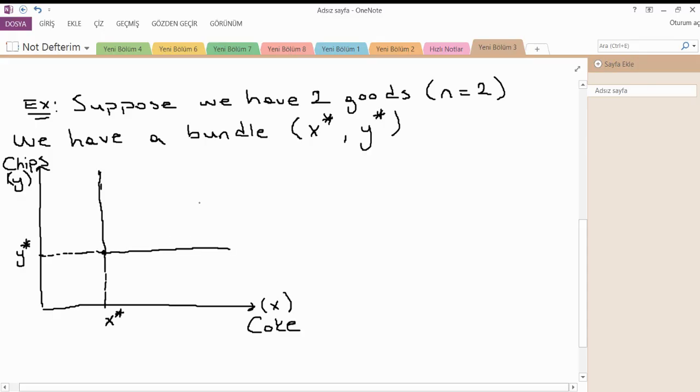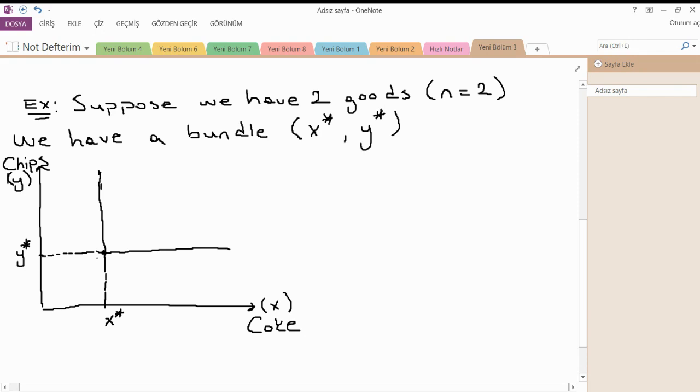So we have 4 parts, and at the intersection point of these 4 quadrants, we have our bundle. Let's give that bundle a point.